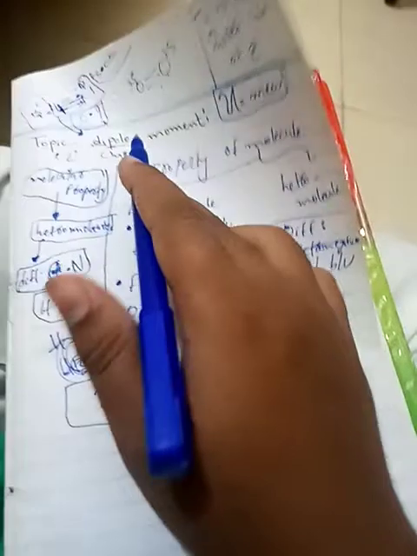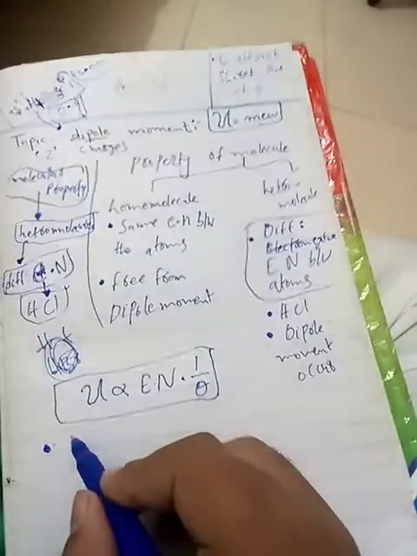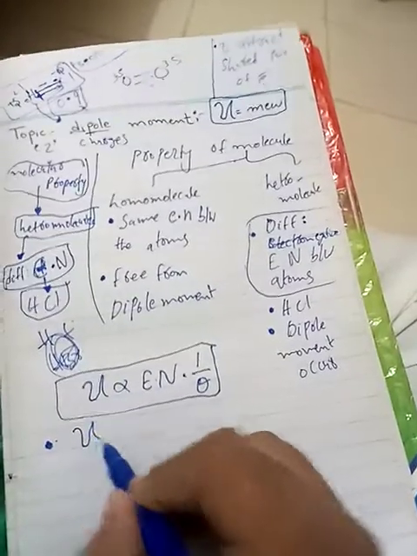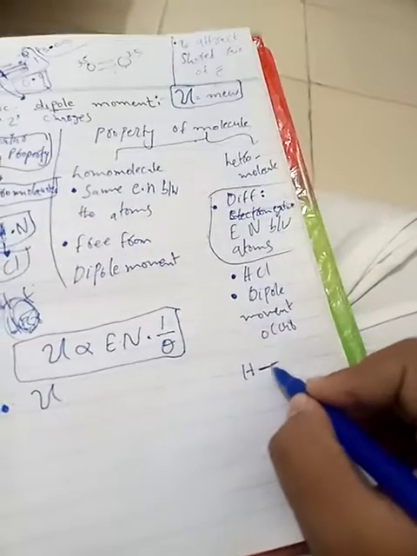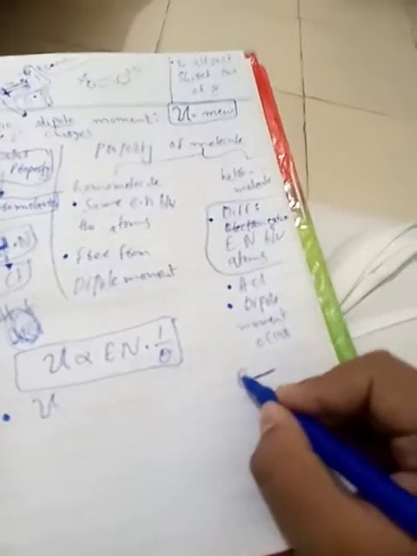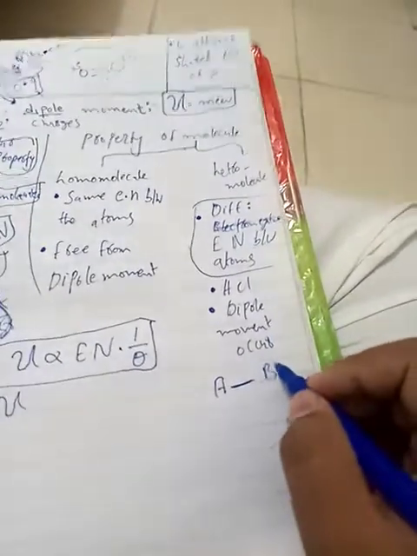So let's derive the formula of dipole moment. It is between the charges, and you know that if there are charges, then there is some distance as well. Let's assume it's atom A and atom B, with different electronegativity.